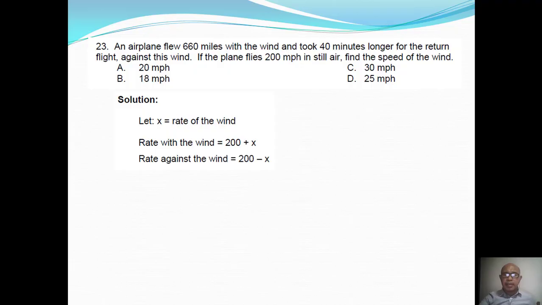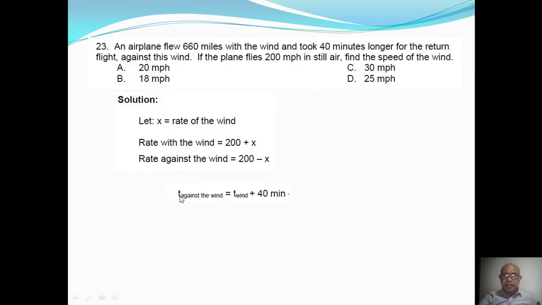So I can write it here: time against the wind is equal to time with the wind plus 40 minutes. So the time of the airplane in traveling against the wind is 40 minutes longer than its time in traveling with the wind.